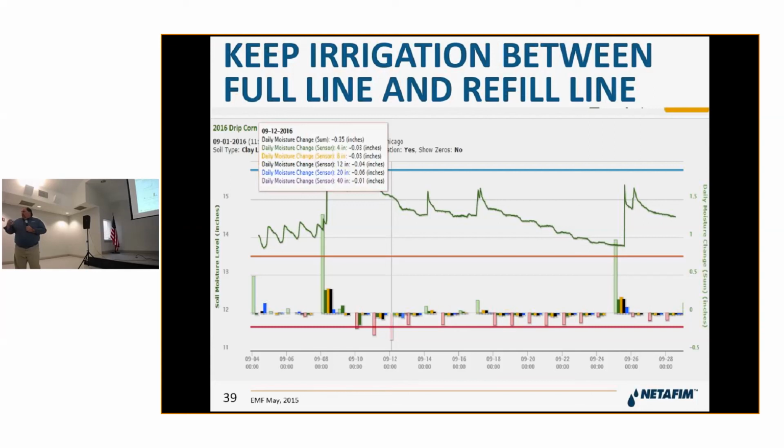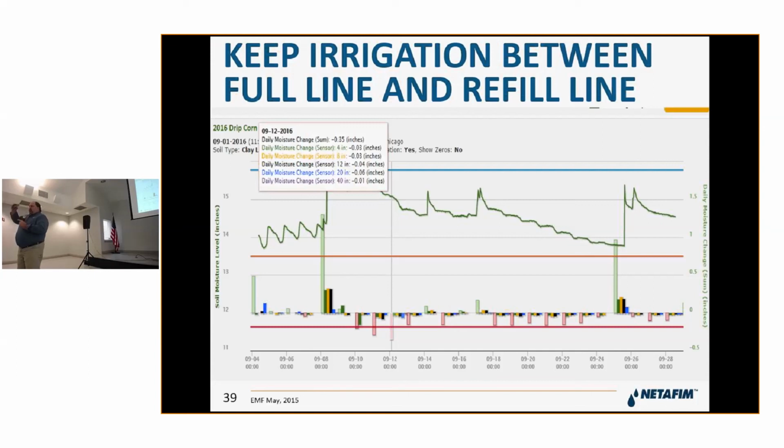With the Netafim system, we're going to be changing the full line and the refill line differently based on the size of the crop. When you've got a crop that's at V6 and the root system is only as big as maybe a softball or slightly bigger, I'm going to have to irrigate a little bit more aggressively to get the water to that.